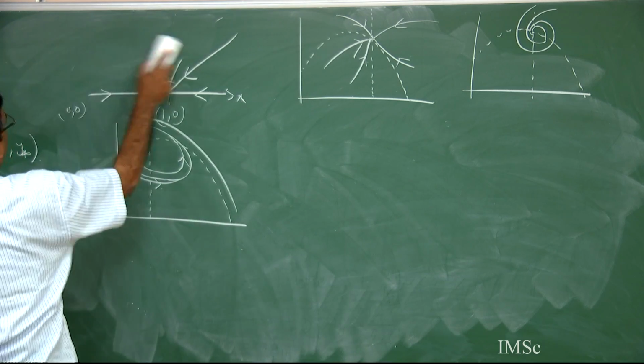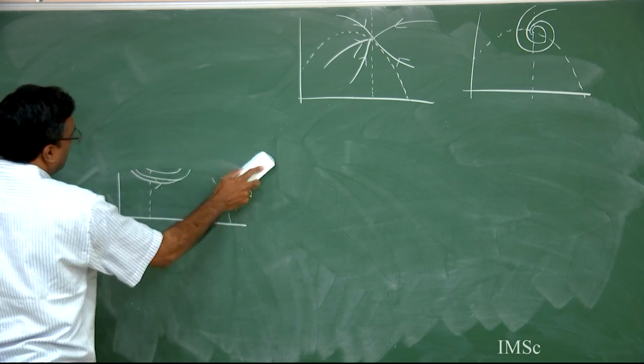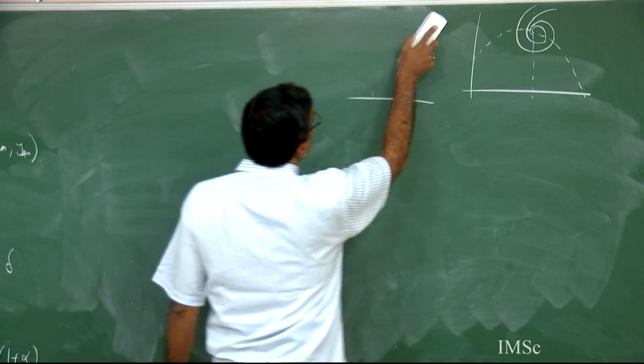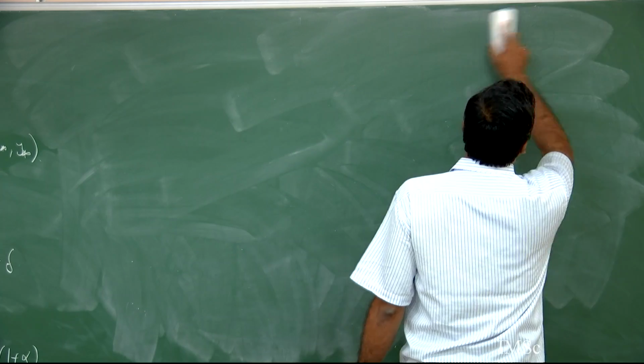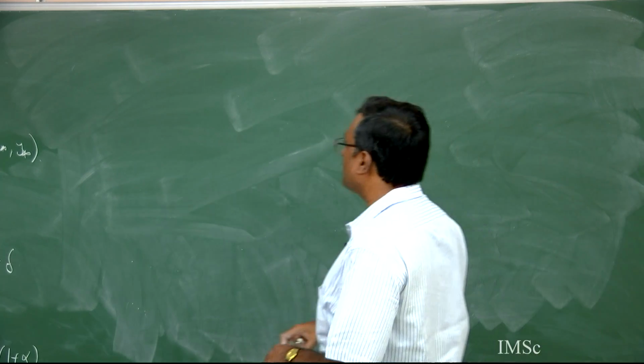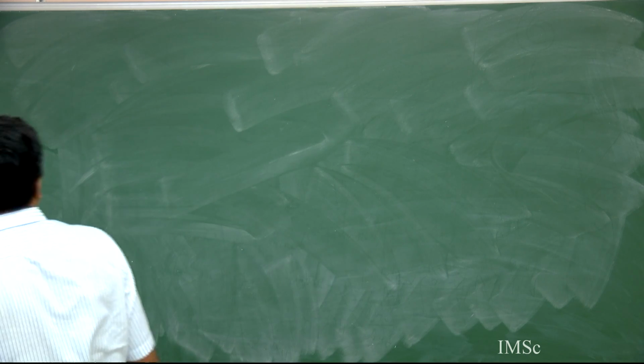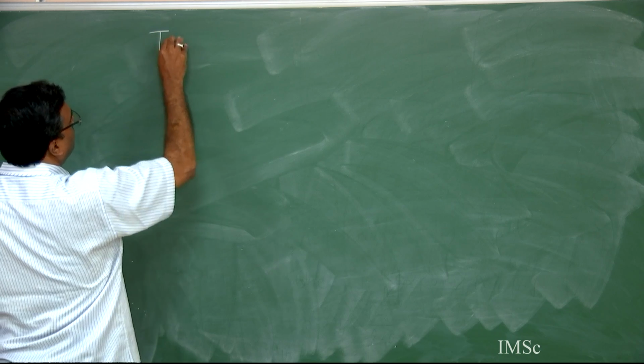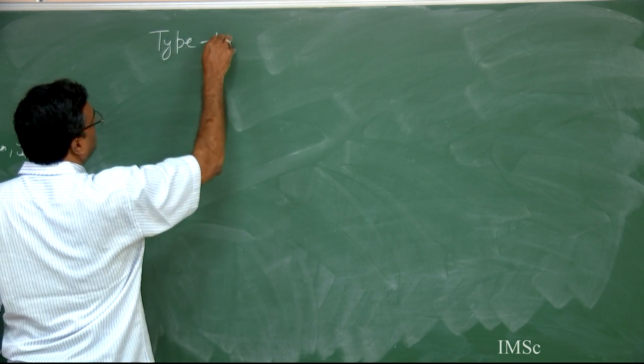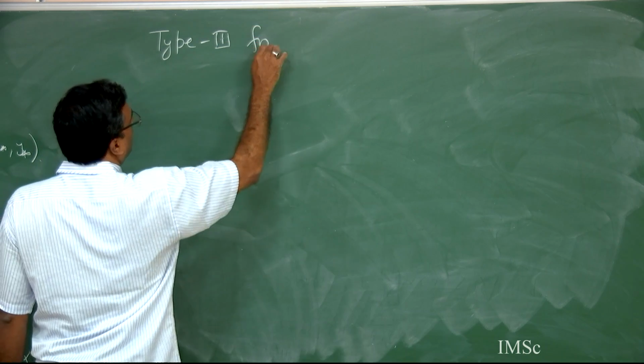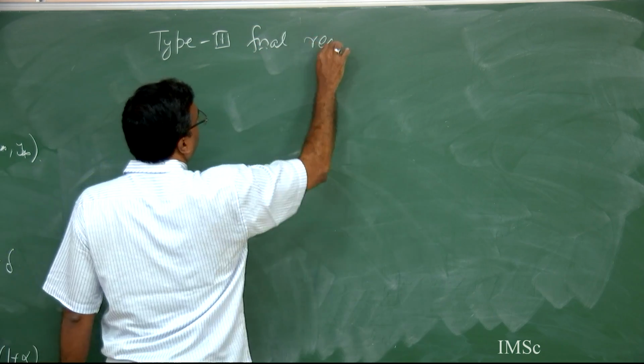Finally, I just mention 2-3 different types of functional response. Those are also involved with the Gause type of prey-predator model. You can have type 3 functional response.